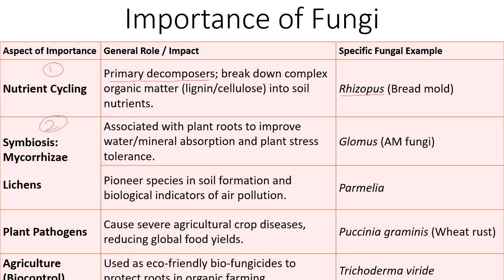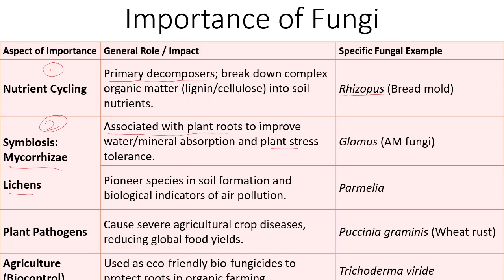Second importance of fungi is symbiotic fungi. Examples are mycorrhizae and lichens. Mycorrhizal fungi are associated with plant roots and they improve water and mineral absorption, and they help the plants against biotic as well as abiotic stress.